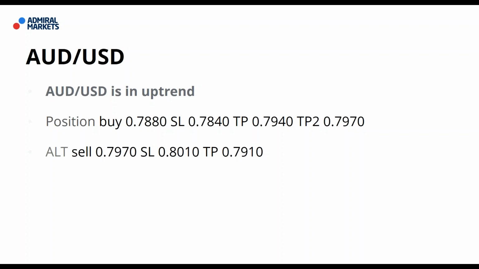At this point I don't see any news for today or tomorrow, so there shouldn't be any problems regarding the Australian dollar, but still you need to know where potentially the setup is.